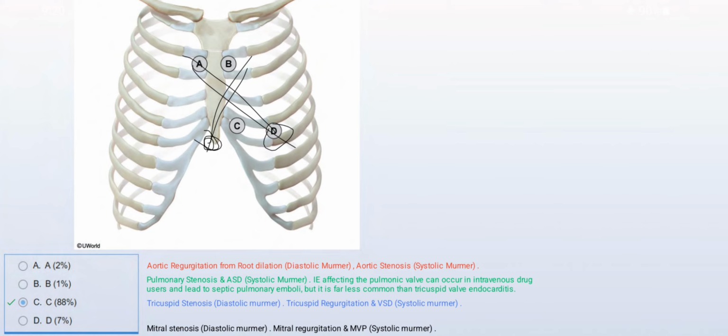That can be best heard at that region, which is considered as the apex of the heart, right? But that is not associated with Staph aureus and IV drug abusers.